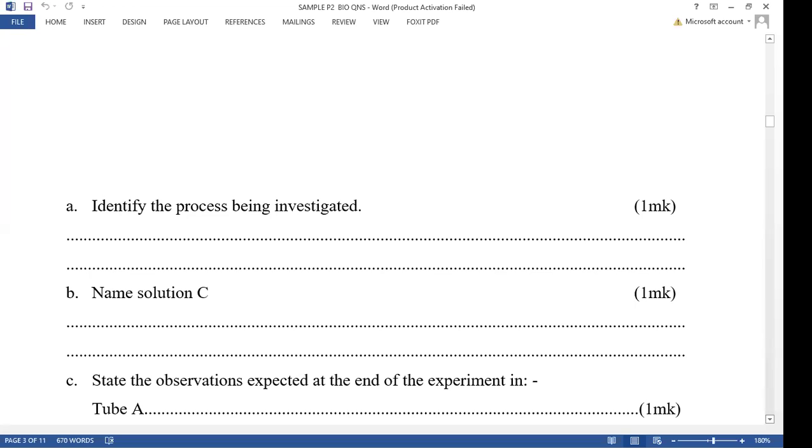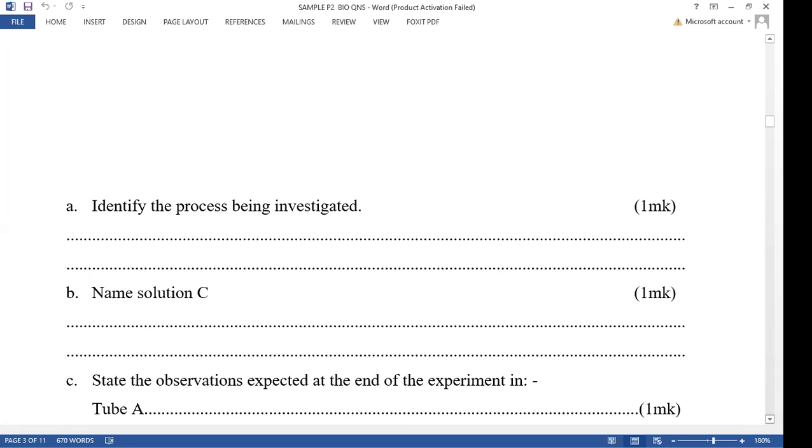For part C, state the observation expected at the end of the experiment in tube A. The first tube is the one that we refer to as tube A. And we do not expect the color to change.